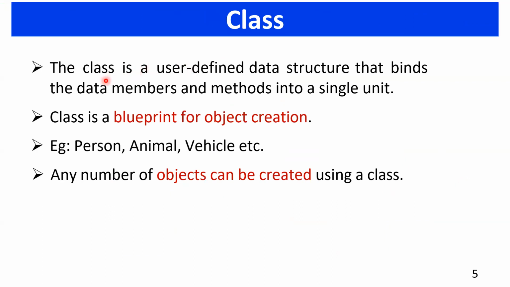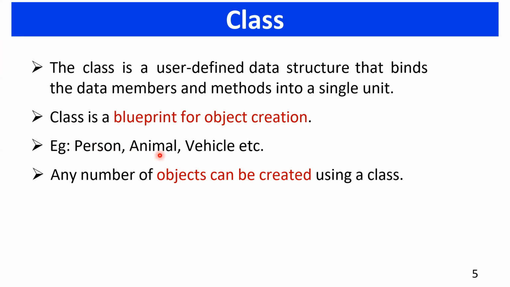Let us see what a class means. A class is a user-defined data structure that binds the data members and methods into a single unit. We can consider a class as a blueprint from which you can create many objects. For example, if you create a class called person, you can create any number of persons.